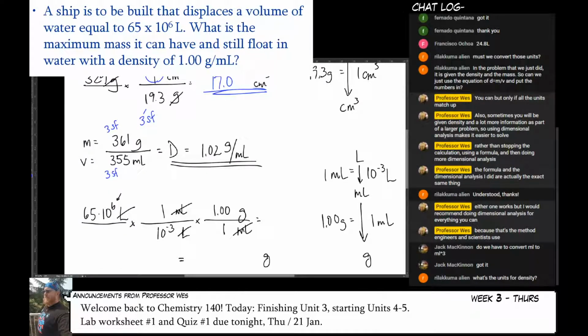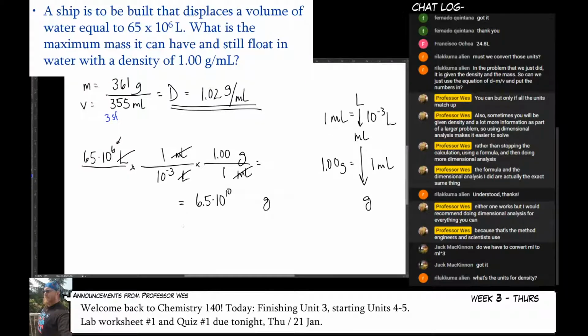And when I do that, I should get, let's see here, I'm just dividing by 10 to the 3. So this would be 6.5 times 10 to the 10 grams. Which is also the same as if you did this in kilograms, you should get that.